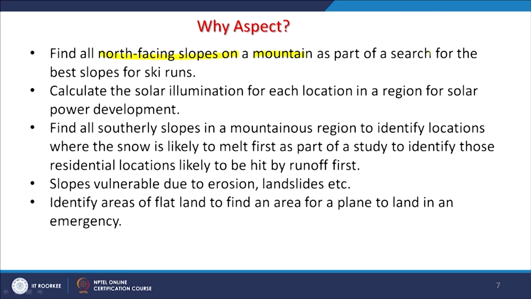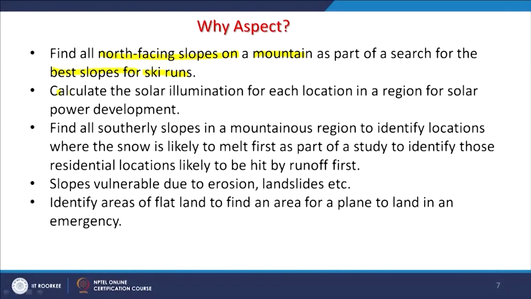So, if somebody is looking for a ski run or sports which are related with snow or ice, then north facing slopes are very good because they will not receive much sunshine except at noon time. Contrary to this, southern facing slopes will receive more sunshine.